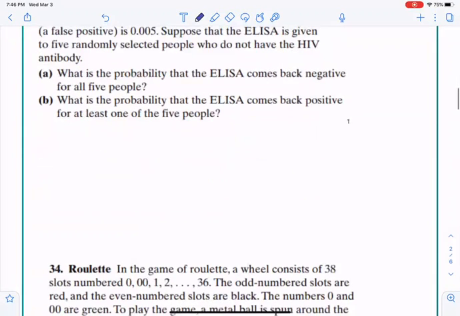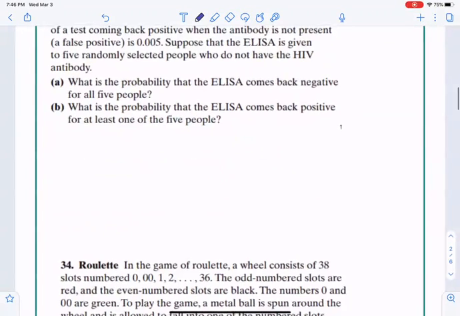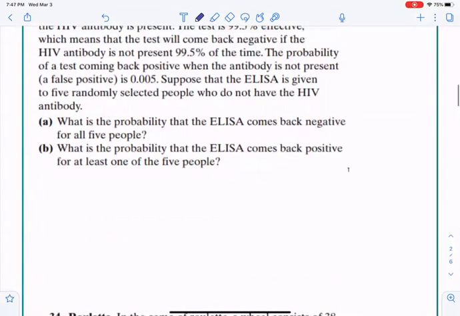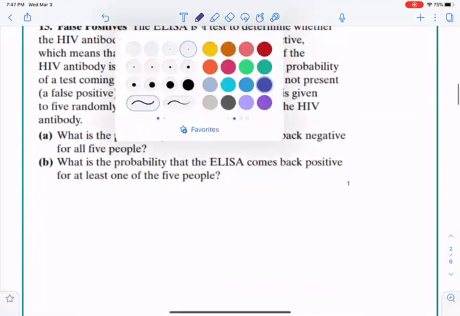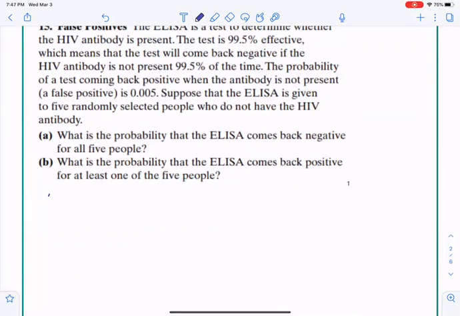Now, note, we're going to assume, or don't have to assume, but note the 5 people are randomly selected in the sense they are not related in any shape, way, or form.